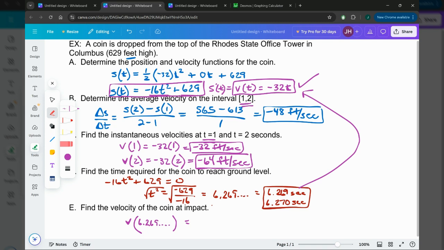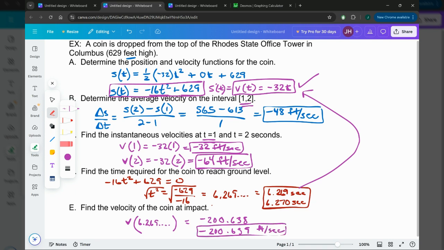So on my calculator, I'm going to take negative 32 times that answer that I just found, and I get negative 200. And if I truncate, it's 638. And truncate means just chop the decimal off. If I round, it's 639. And what would this be? Okay. This would be feet per second.